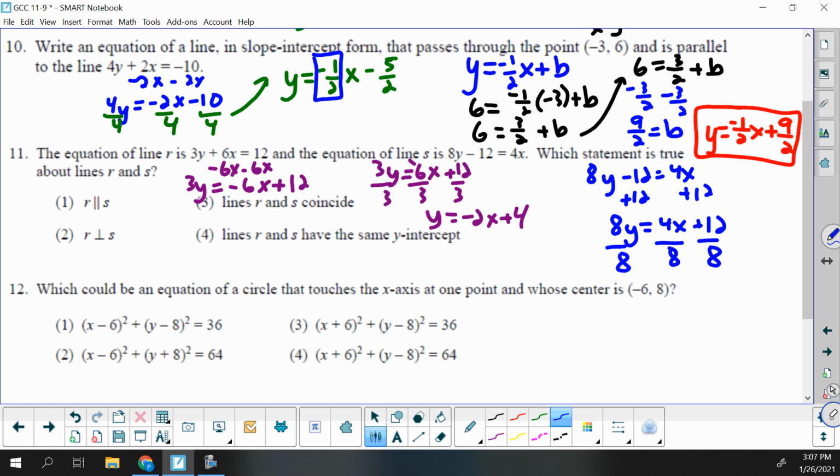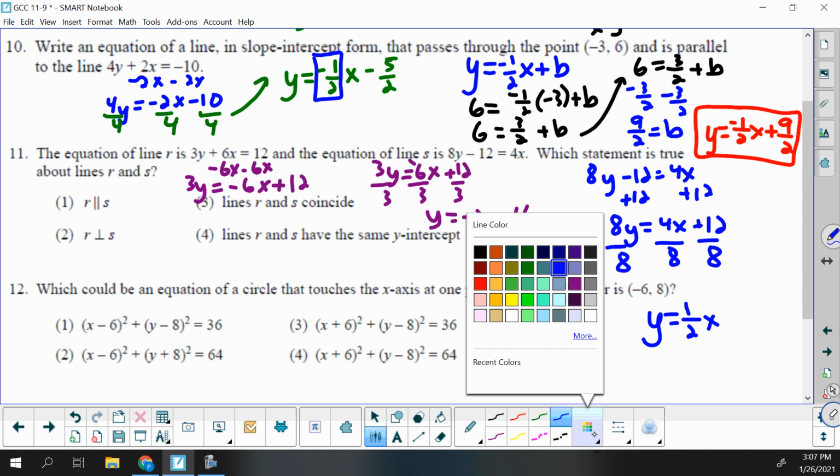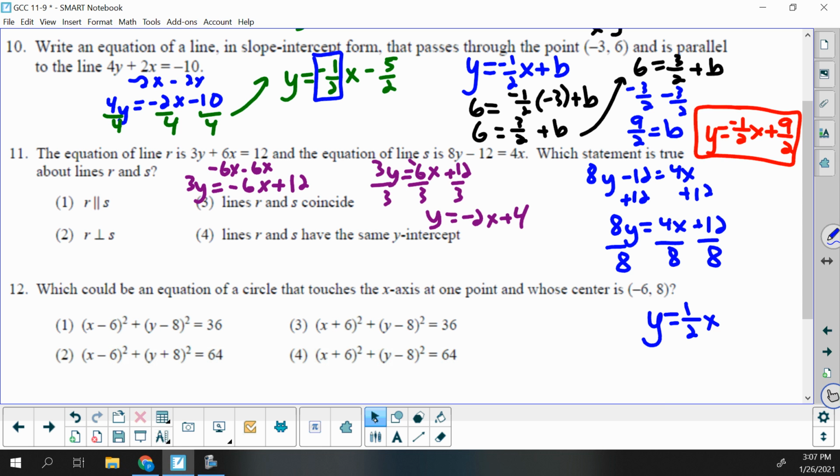We can divide everything by 8. So we have y equals 1/2 x. And 12 over 8 will give us 3 halves.